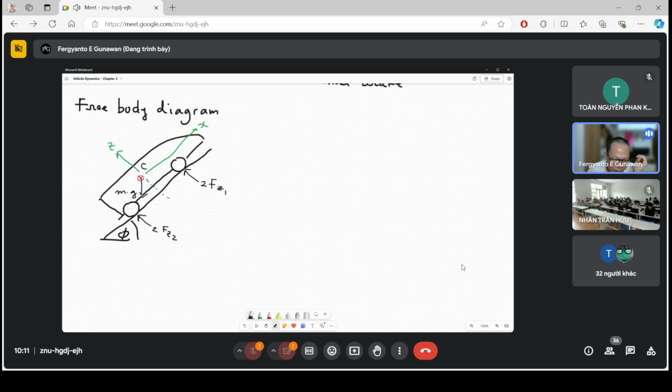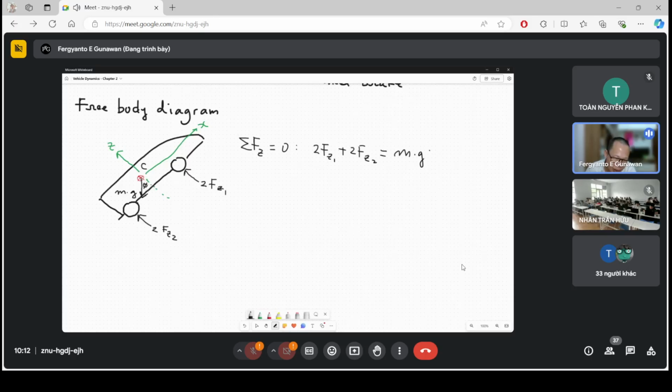The center of gravity is down here, and this one will be the phi angle. So this is the free body diagram of the car, and it is easy to see that if we start with sigma Fz equals 0, what we obtain is 2 FZ1 plus 2 FZ2 precisely equals m g.